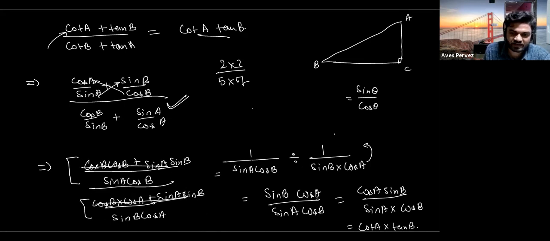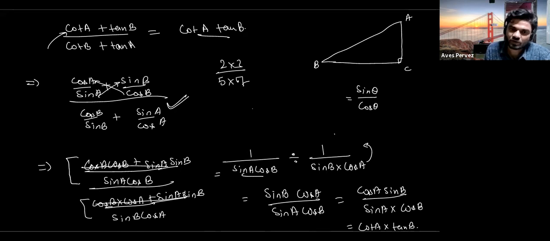I write it this way to make it simple and easy to understand: 1 upon sin a into cos b is being divided by this upon this. Now this sign will change into a multiplication sign, and this will take its reciprocal and come to this portion. So you will get sin b into cos a upon sin a into cos b.